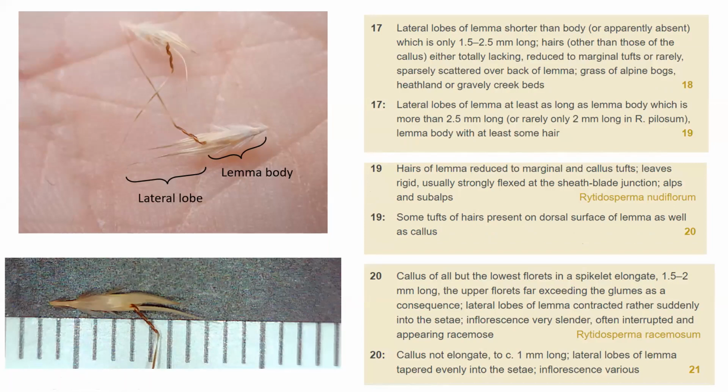It's quite difficult to find exactly where the measurements are supposed to be from. My interpretation of this is from the sinus all the way to the tip of the bristle is the lateral lobe. So shorter than the body of the lemma.